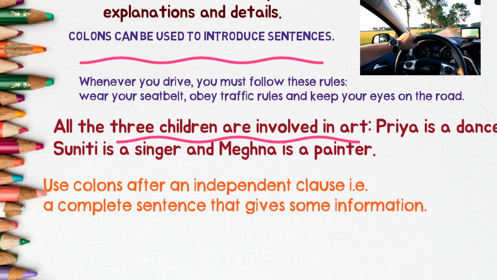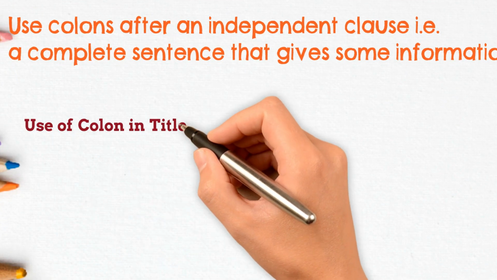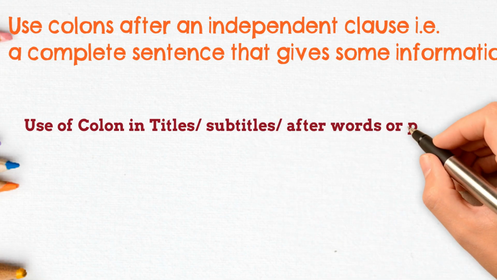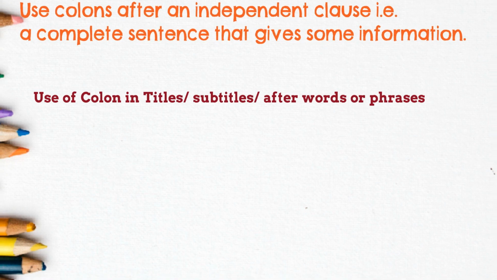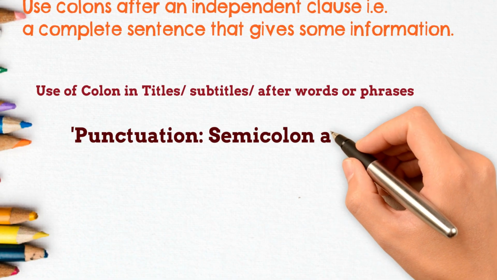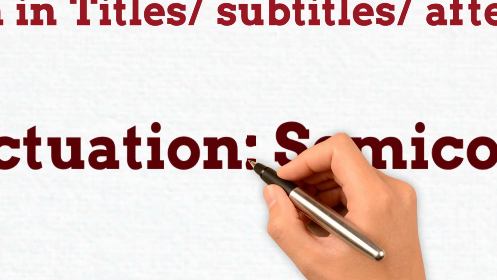Though colons are used after an independent clause, there are some exceptions, like in titles and headings where we want to save space. We use colons after single words or phrases. When you use a colon, don't leave a space before it, but do leave a space after it.